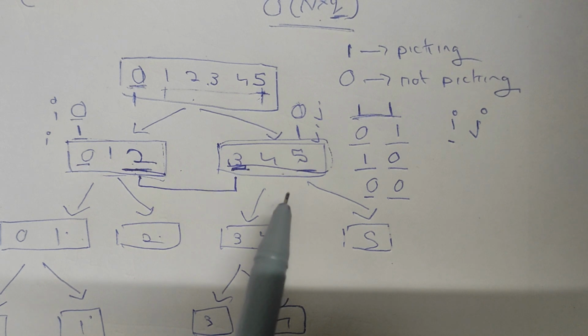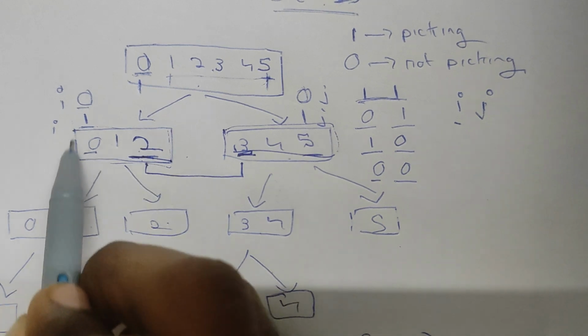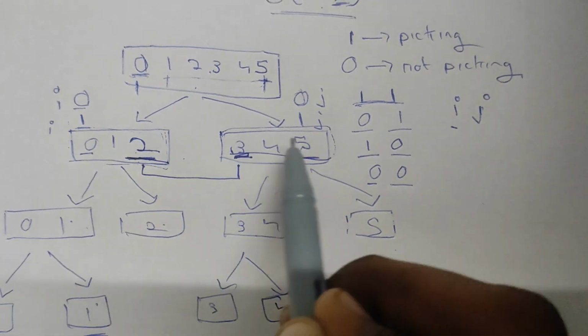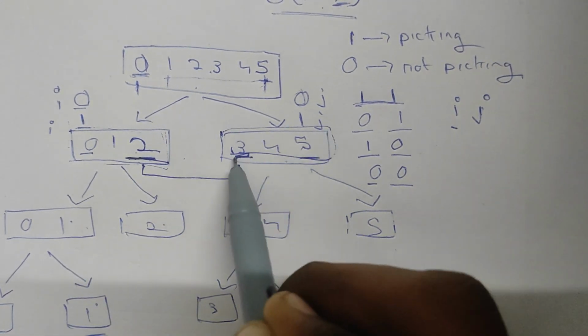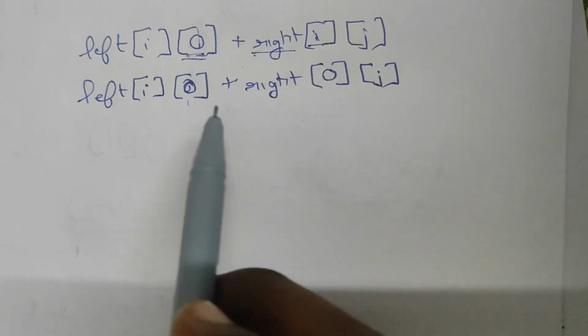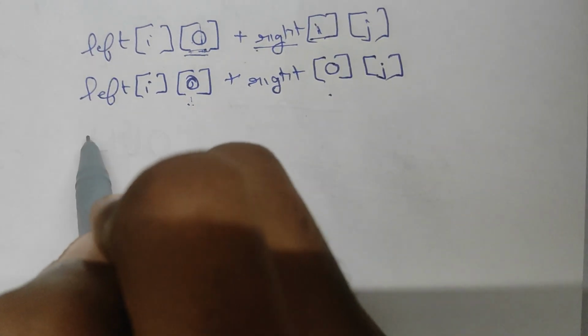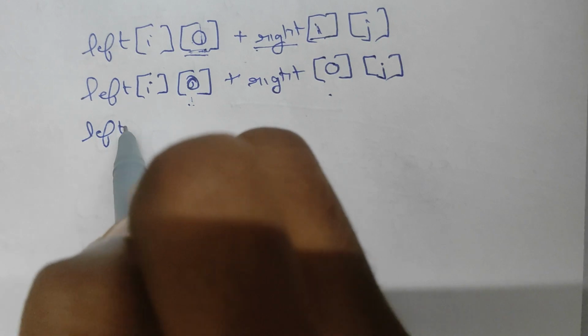I think that wasn't clear previously. So when I am saying the rightmost element of the left child, I am implying this 2, and when I am saying the leftmost element of the right child, I am implying this particular 3. So they can leave both the adjacent elements not chosen. And there is another possibility as well.